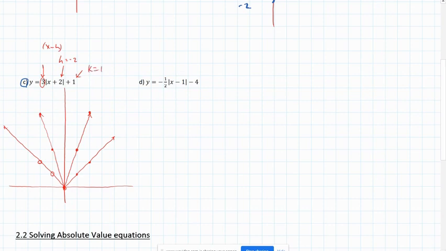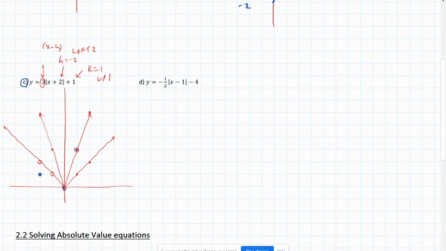And so that means we're going to move it left 2 and up 1. So every single point on that last V that I graphed is going to move left 2 and up 1. So I'll start with this point at the origin, move it left 2 and up 1.